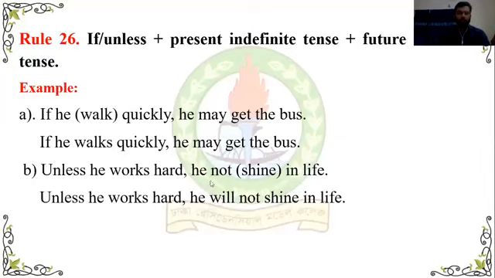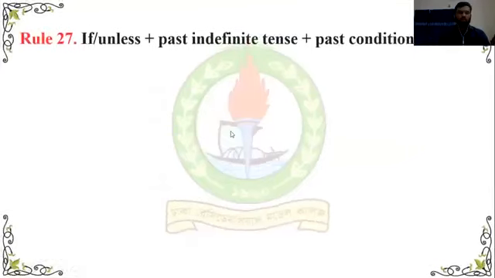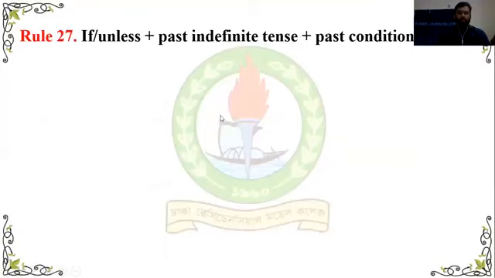Next, I will go to the next slide and the next rule. Rule 27. If you see past indefinite tense after if or unless, you have to make the other clause in the past conditional.